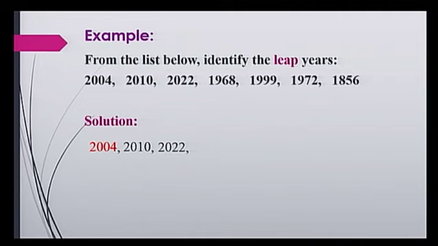And 68 will be exactly divisible by 4, so 1968 will be a leap year. 1999, 99 is not exactly divisible by 4, so 1999 is a common year. 1972, 72 is exactly divisible by 4, so 1972 is a leap year. 1856, the last two digits will be 56, and 56 is exactly divisible by 4, so it is a leap year.